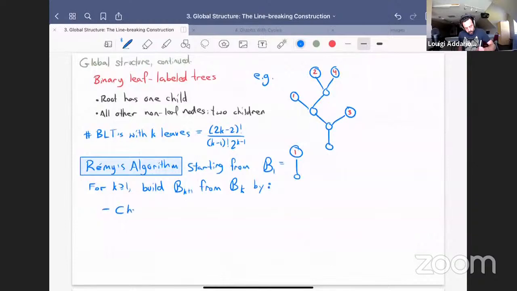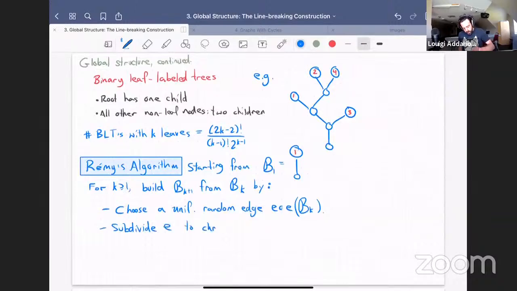by doing this. So we choose a uniformly random edge of b_k. Subdivide the edge to create a new vertex. And then attach a leaf labeled k+1 to the new vertex.